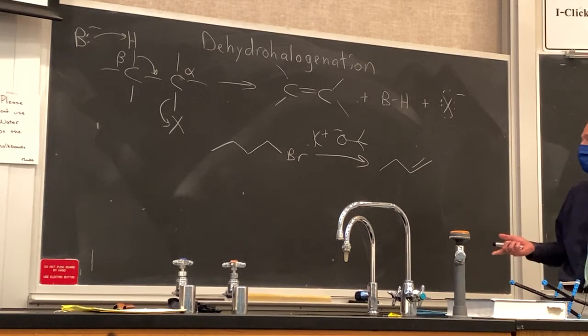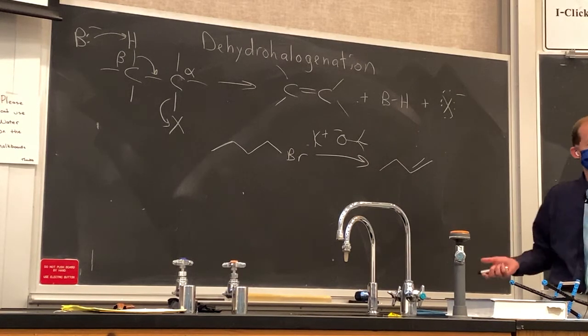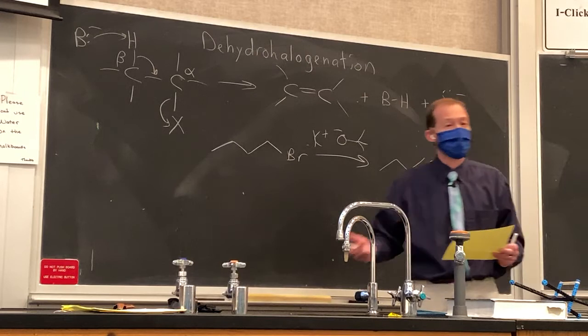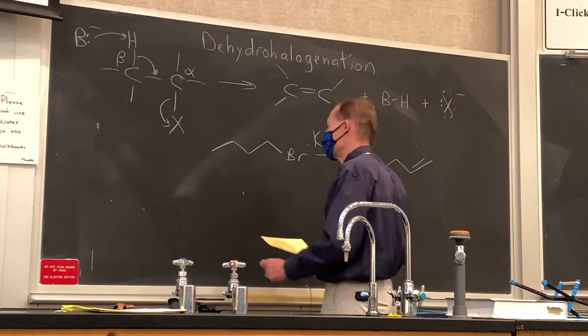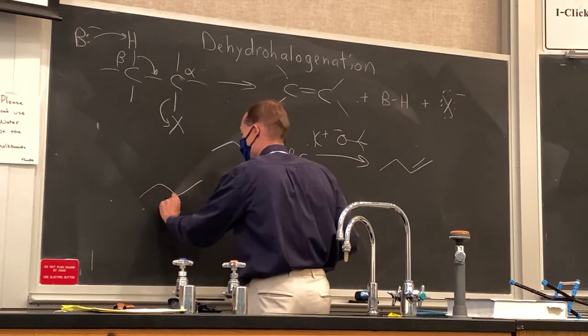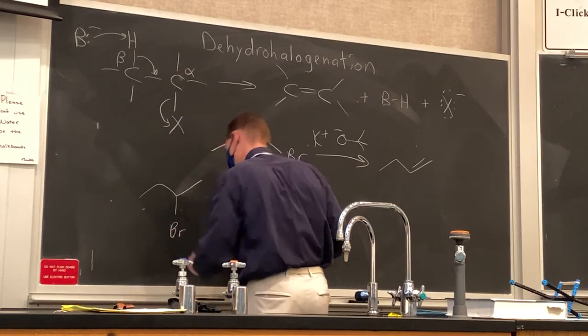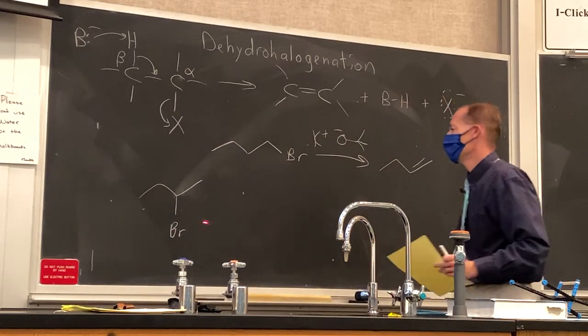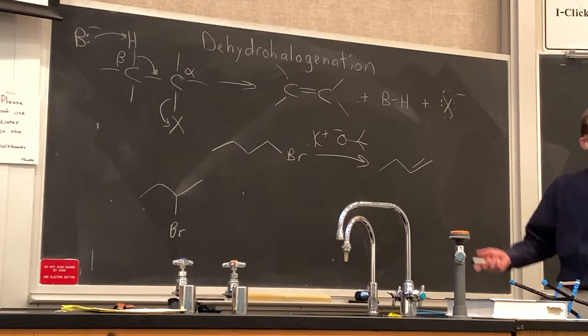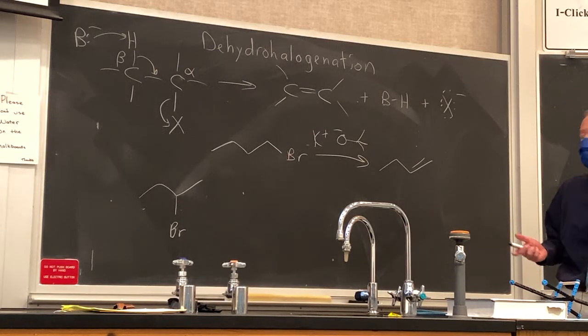So this particular primary alkyl halide I've drawn for you just has a single elimination product, a single alkene that could form. So what if we had the constitutional isomer 2-bromobutane as opposed to 1-bromobutane? How many different alkene products could we get from a dehydrohalogenation of 2-bromobutane?